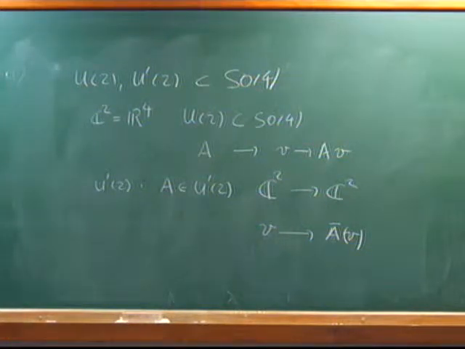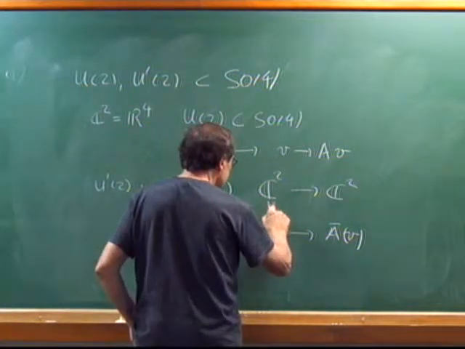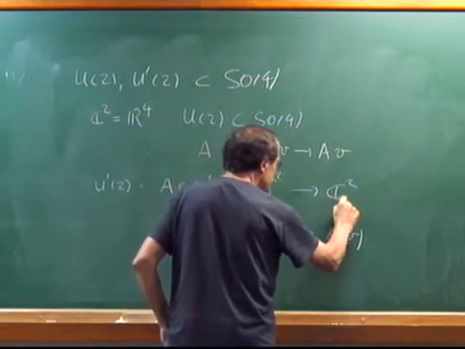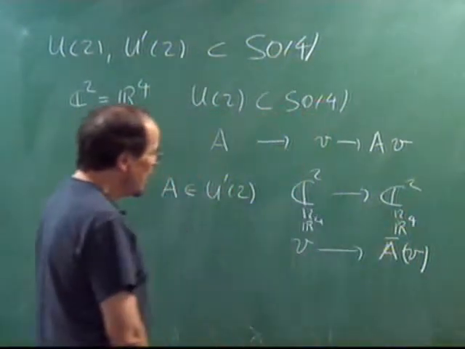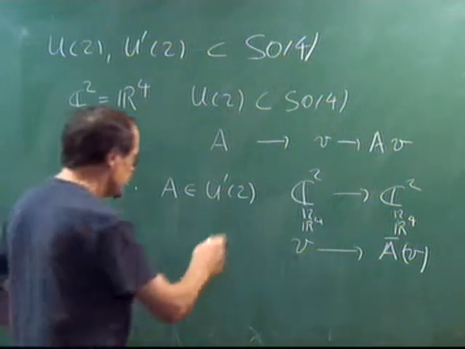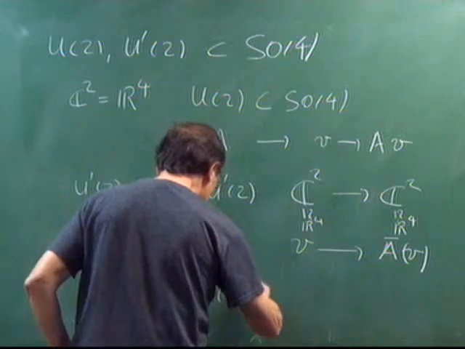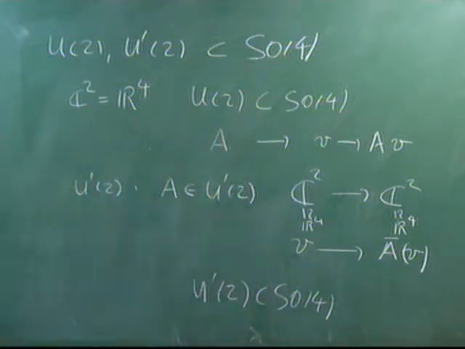Okay. And now identify C2 with R4. And then this linear map defines a linear map in SO4. So this U prime 2 now lies in SO4. So in principle, there are two different embeddings of U2 in SO4.